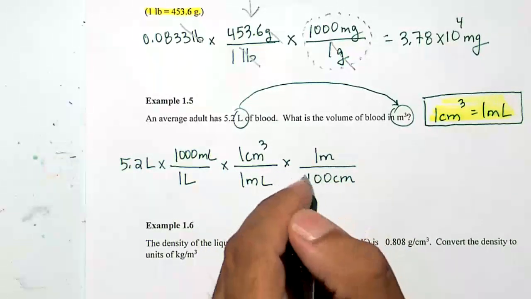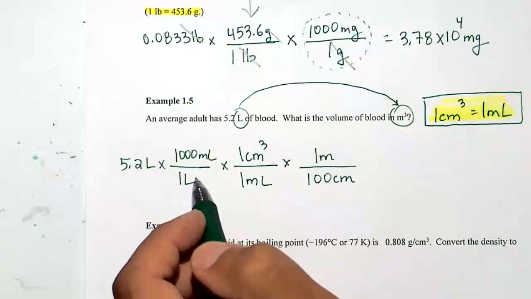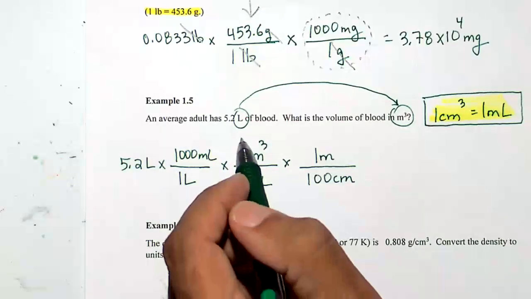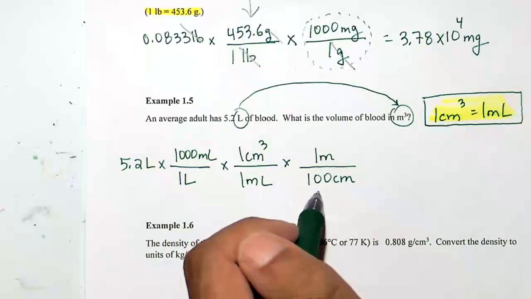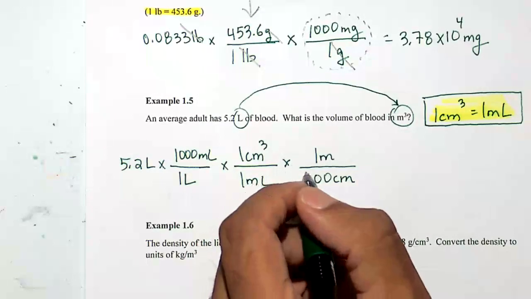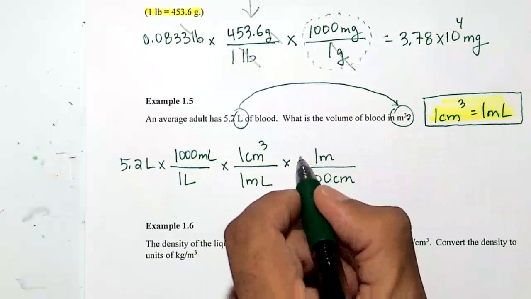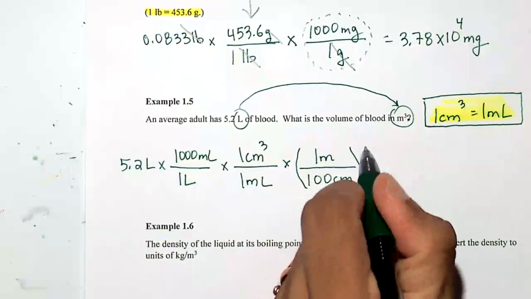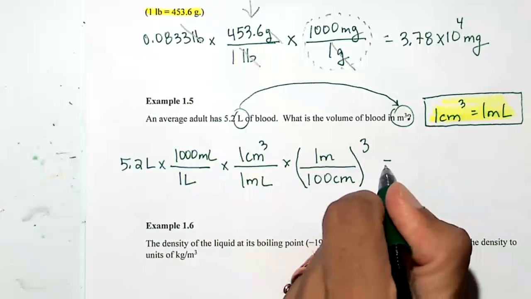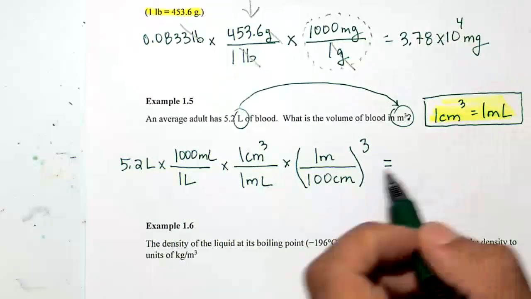Okay, what do I need to do with this fraction? Well, I can cancel out the liters, liters, mils, mils. I can't cancel out the centimeters cubed. So what do I need to do to cancel out the centimeters cubed, and not only that, get to meters cubed? Cube it. If I cube it, I'll get my units in meters cubed. Very good.